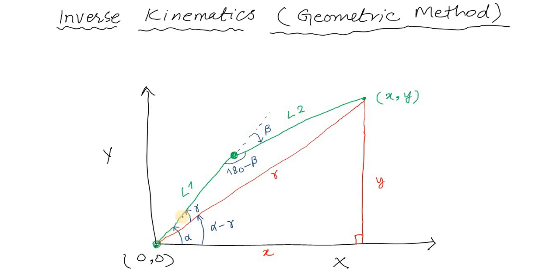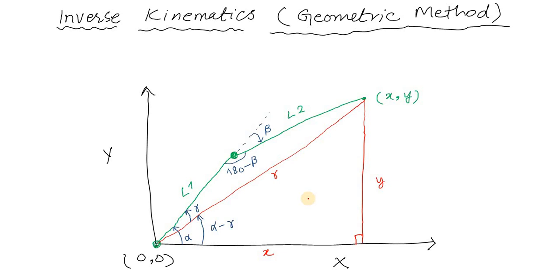This connects your origin to your second joint, and then to your end effector point, and then back to the origin. So we have two triangles here.